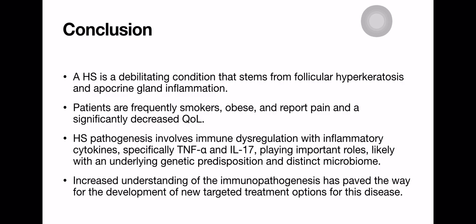HS pathogenesis involves immune dysregulation with inflammatory cytokines, specifically TNF-alpha and IL-17, playing important roles, likely with an underlying genetic predisposition and distinct microbiome. Increased understanding of the immunopathogenesis has paved the way for the development of new targeted treatment options for the disease.